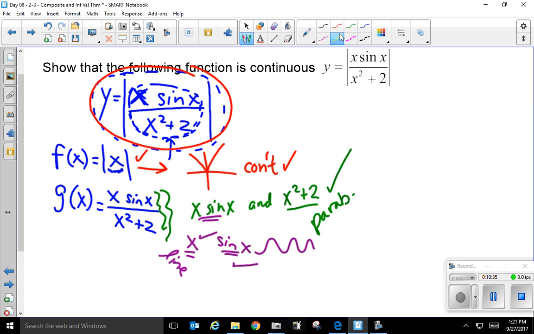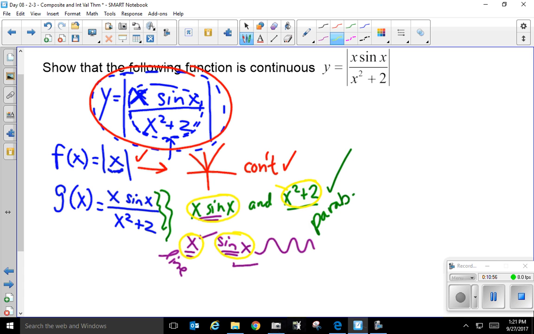Okay, now, we know x is a line that's continuous. We know sine of x is continuous. It's the sine function, the sine curve. That means their product is continuous, right? Yes. We know this is a parabola that's continuous, correct?